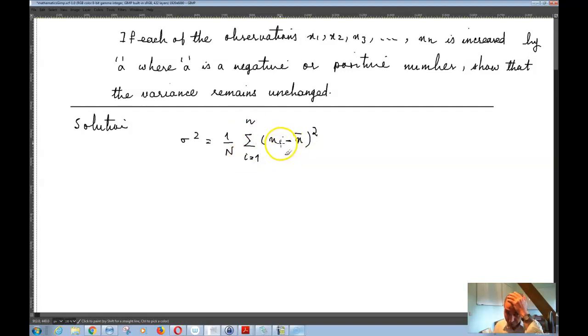Now suppose that each of these numbers is increased by a, meaning that the new series becomes x1 plus a, x2 plus a, x3 plus a, all the way up to x of n plus a.